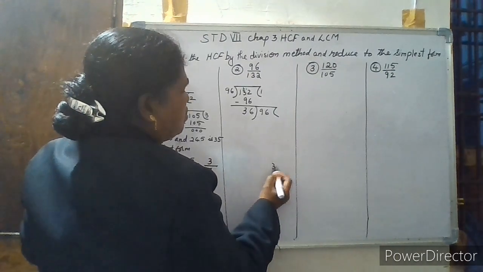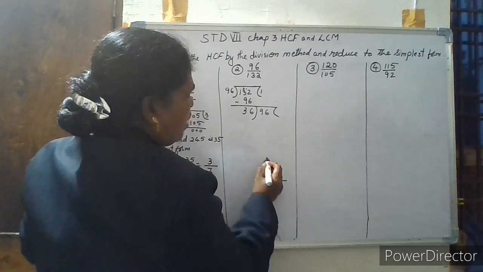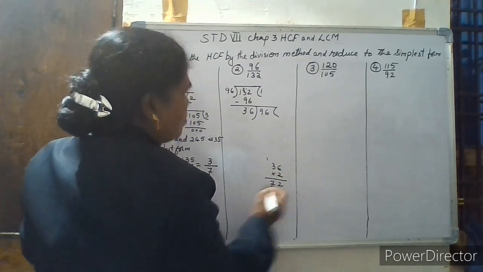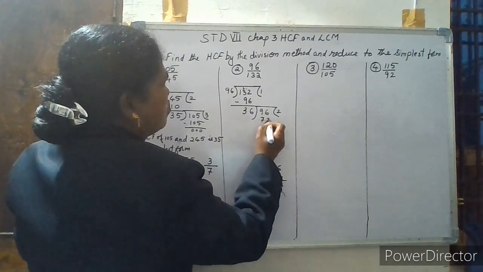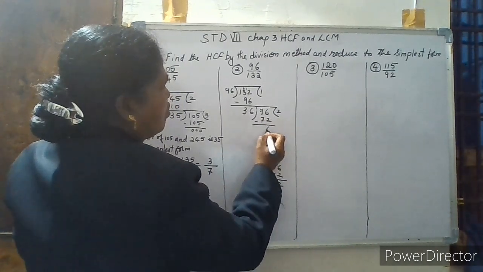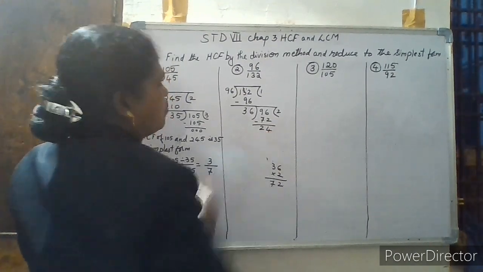Now here 36 2s are, 2 sixes is 12, carry 1, 2 threes is 6, 1, 7. So 2s are, nearest is 72. Subtract it. 4 is the remainder here. 24 is the remainder.